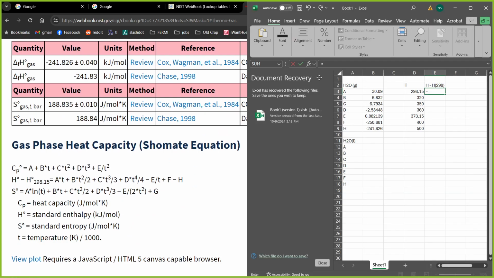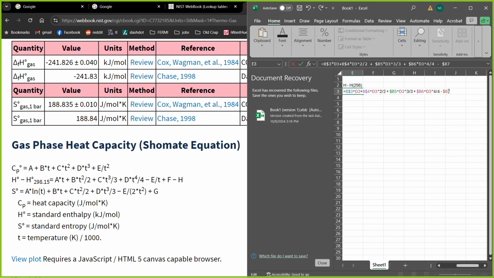So we're going to take A, which is A3, and multiply by the temperature, D3, and then B3 times D3 squared divided by 2, plus B5 times D3 cubed divided by 3, plus B6 times D3 to the 4th power divided by 4, minus B7 divided by the temperature, D3, plus B8 minus B9.